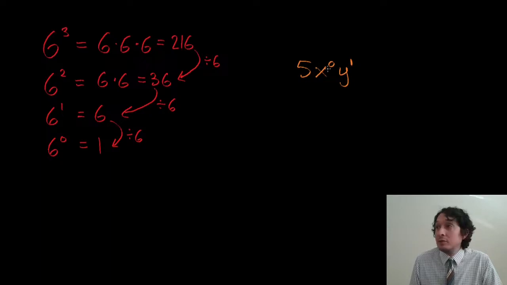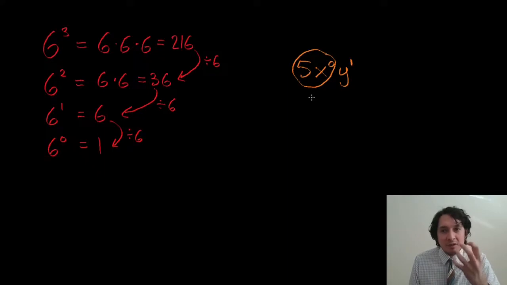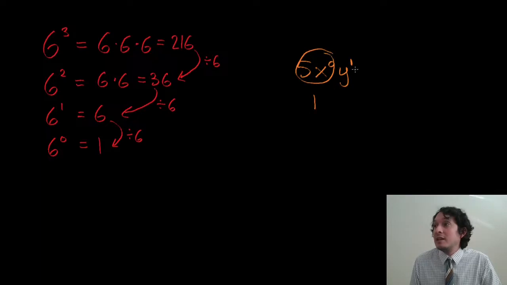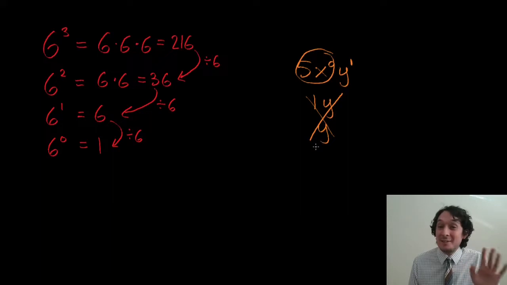What a lot of people do is they assume that this is one part of the expression, and it's not. This is the mistake that people will make. They'll see a power of 0, and so they'll say, this is just 1, and then we have y to the power of 1. So this is like 1y, or just y, right? No, it doesn't work that way. This is not correct.